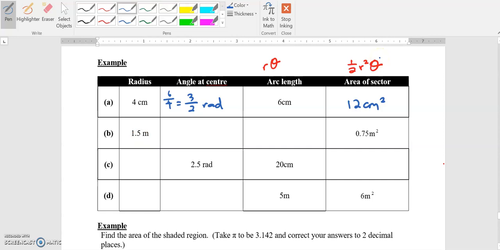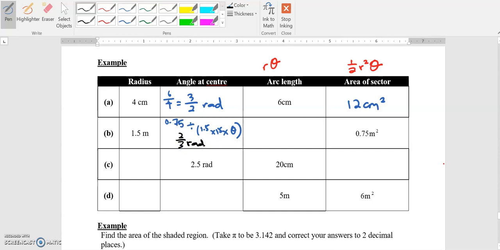If I do my substitution, I must take 0.75, which is 3/4 meters squared, divide by half times my r squared, which is 1.5 times 1.5, to get my theta. This in turn will give me an answer of 2/3 radian.